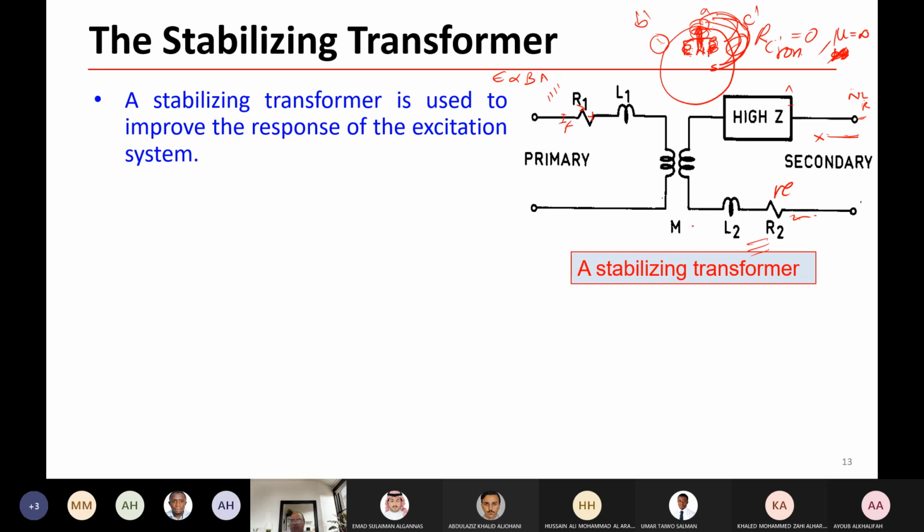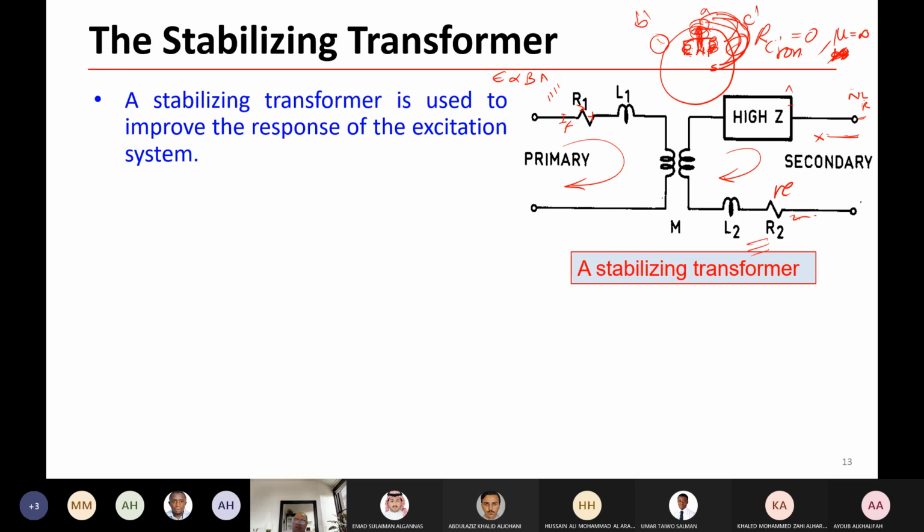And we have mutual inductance, leakage inductance and the resistance for the secondary, and also R1 and L1 for the primary resistance and leakage reactance.